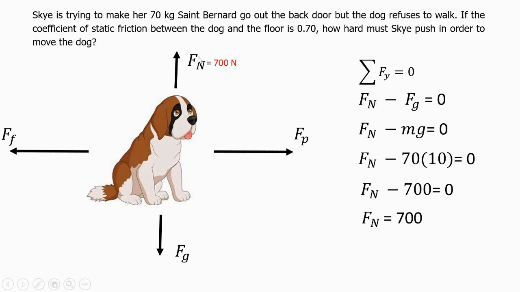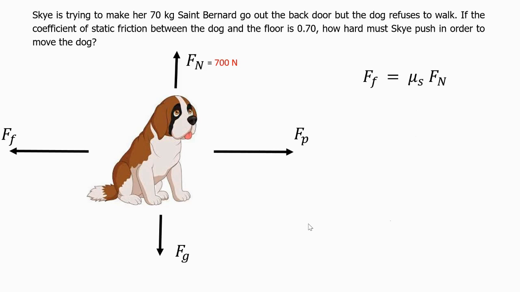Fn is the force going up, minus Fg going down. Replace Fg, the force of gravity, with mass times gravity. The mass of the dog is 70, and g is 10, as it's on planet Earth. Multiply those together, do a little algebra, and you'll find that the normal force is 700 newtons.